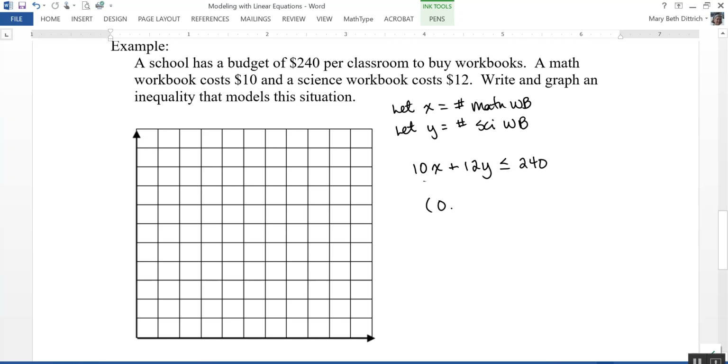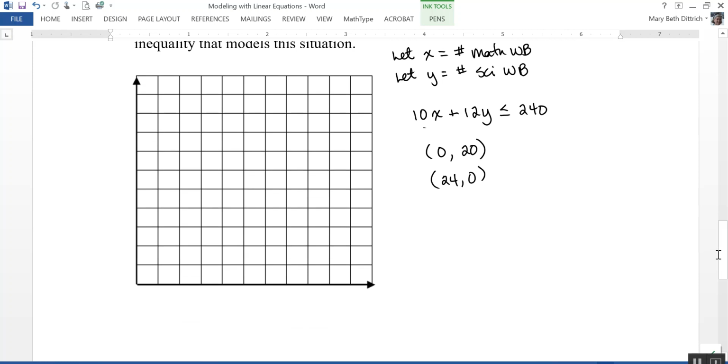So when x is 0, this goes away, and I have 12y is less than or equal to 240, so y is going to be equal to 20. When y is 0, this goes away, and x is equal to 24. So that gives me x and y intercepts to use to graph my situation here.